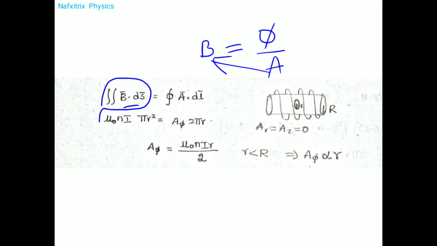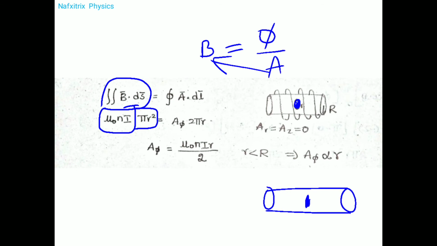So here we know that B is uniform everywhere, that is nothing but mu 0 nI, and area is nothing but pi r square. So how much area are we taking? So here you can see, in this solenoid, which amount of area are we considering? At what particular distance? So actually this is the axis of the solenoid.